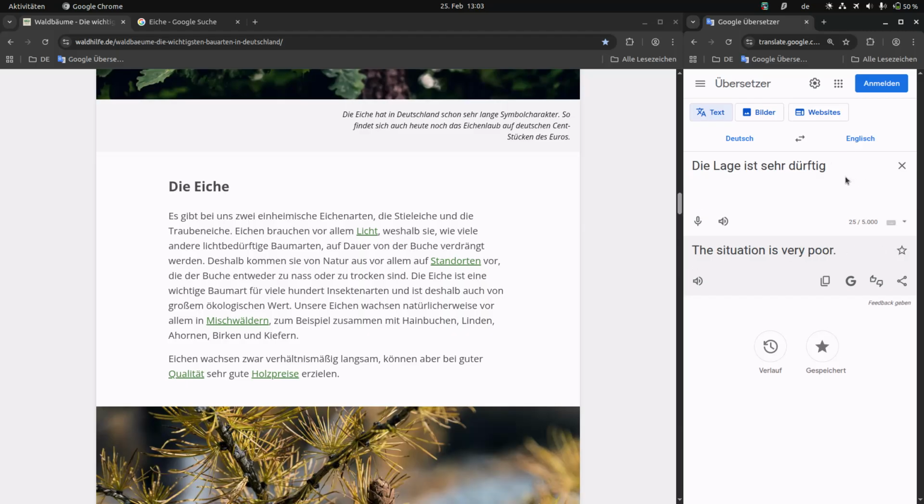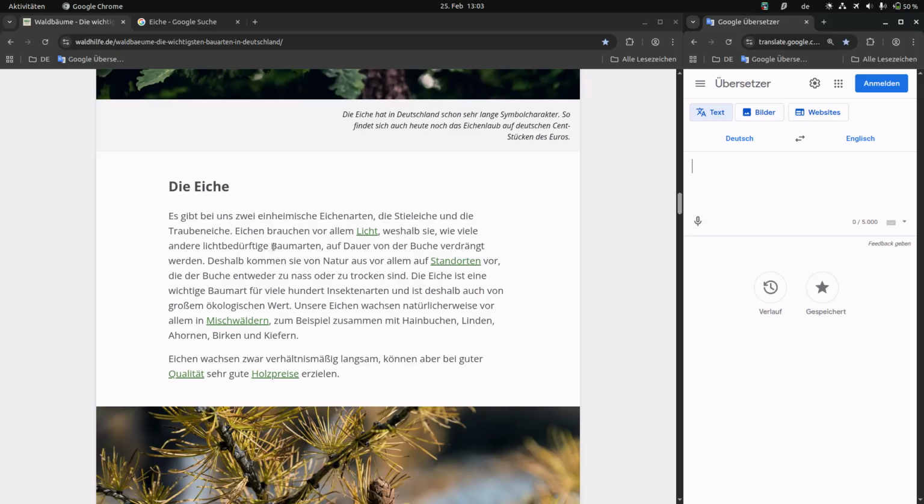Like poor, you could say, or there is just the least given of something. Then we have lichtbedürftig. I think you can now understand what I mean. This just means to be in need of light. Baumarten: Baum is of course tree, Arten is the plural of Art, which means species.